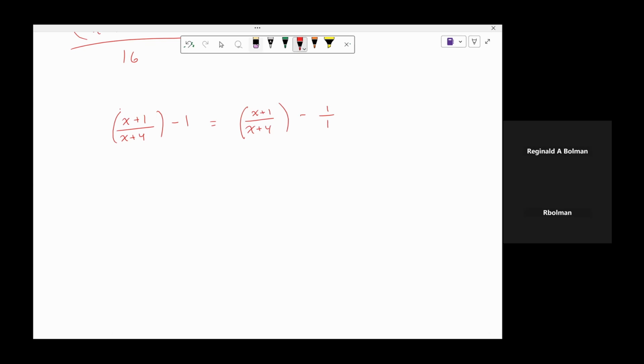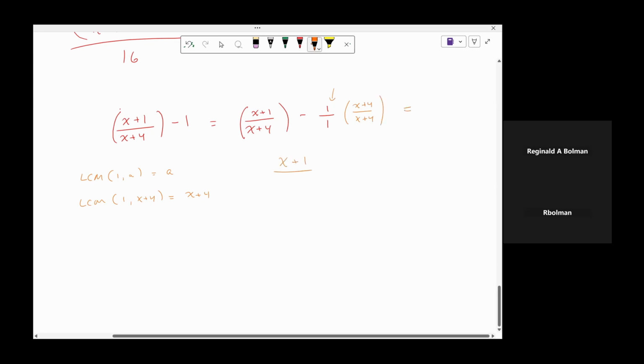And then if you guys remember, the LCM of 1 and some number is just that number. So in this instance, we have the LCM of 1 and x plus 4, so that would just be x plus 4. And what that tells me is I need to multiply this second fraction by (x plus 4) over (x plus 4).